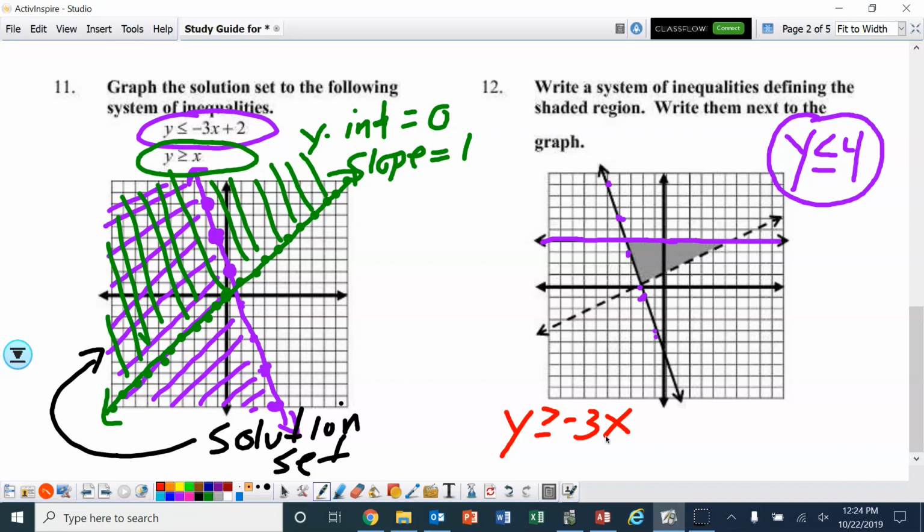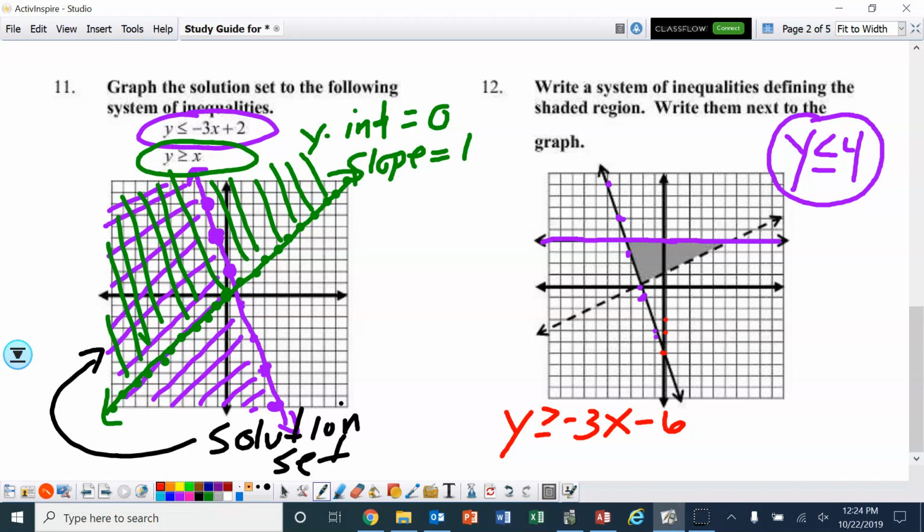And the y-intercept is at 1, 2, 3, 4. It looks like, boy, this one's tough. 1, 2, 3, 4, 5. It looks like it's negative 6. Could be negative 5, but I think it's negative 6.